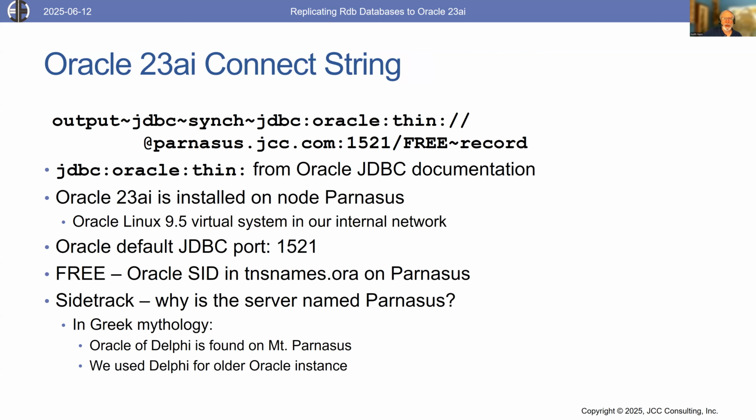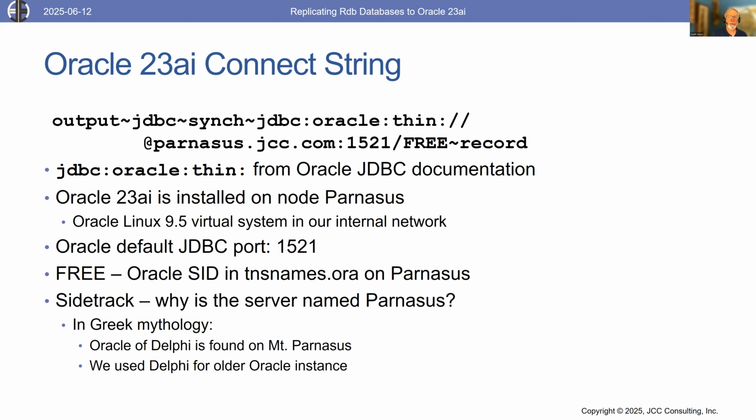In this case, I'm using Oracle Free. So Oracle Free sets up an SID, system ID, and the tnsnames.ora file on Parnassus. I could go and edit that and use something different, but I'm using the defaults in this example.